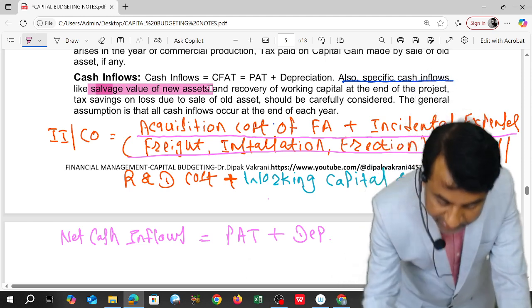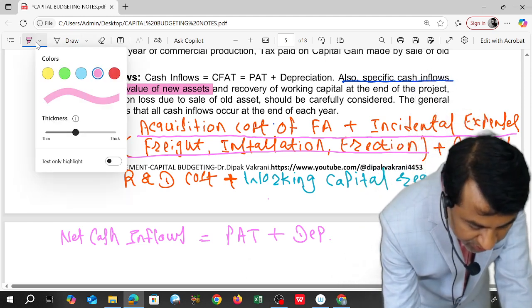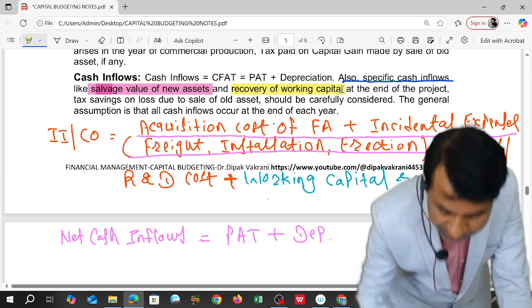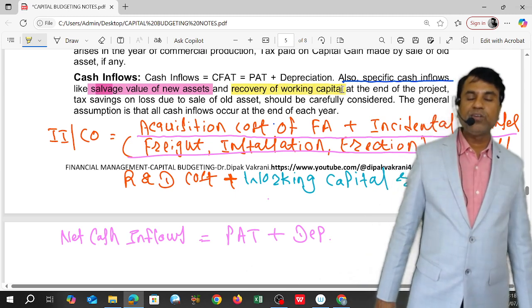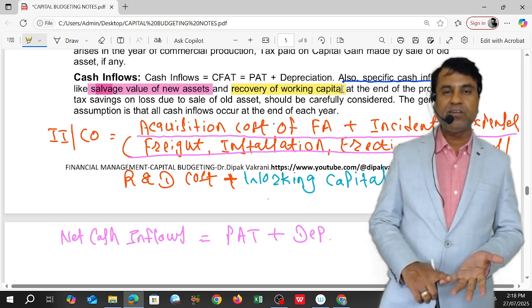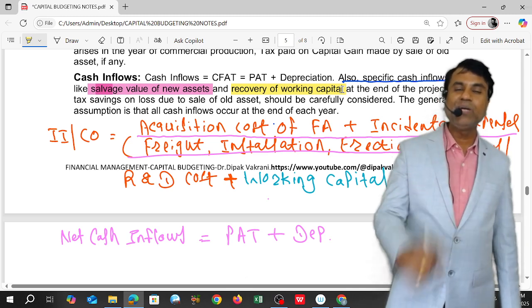Along with that, recovery of working capital, you can check it out here. So another cash inflow is given in terms of recovery of working capital. So cash inflows are obviously the cash inflows which are given in the question, maybe net or gross, doesn't matter. But along with that, there will be two extra cash inflows.